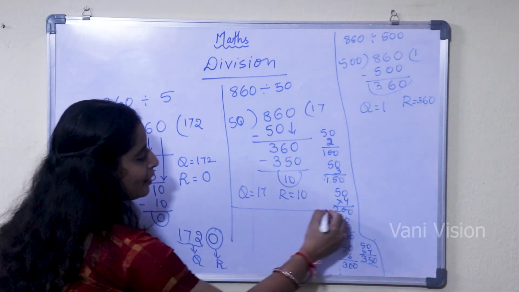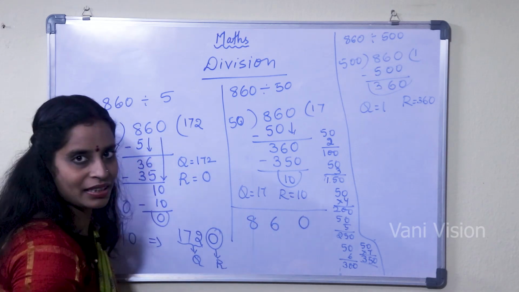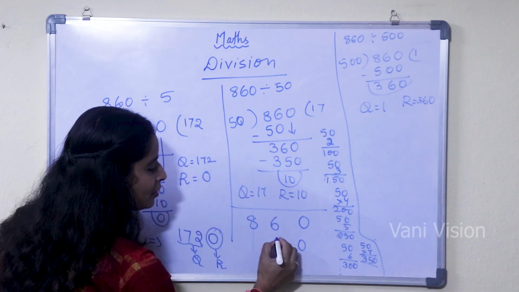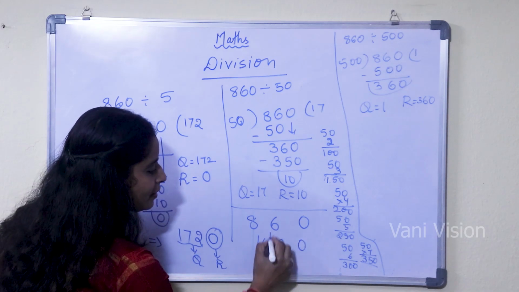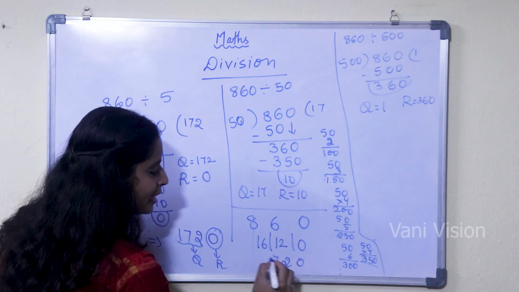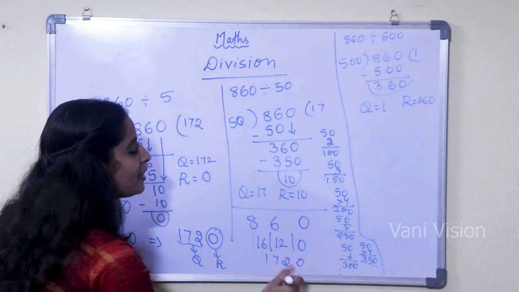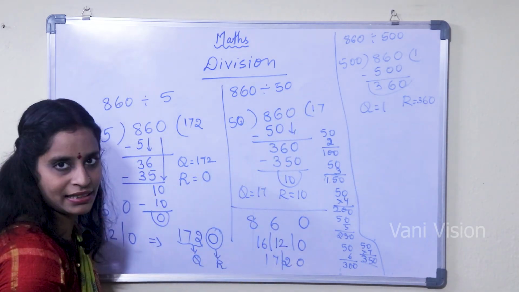See here, same 8, 6, 0. Double it: 0, 12, 16. Then write 0, 2, 7, 1. Now it is of 2 digits, right? Then separate it by 2 digits.